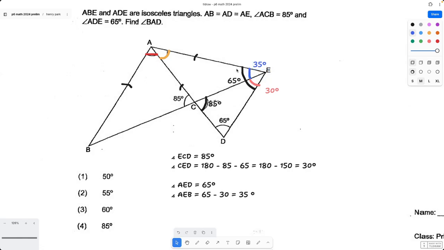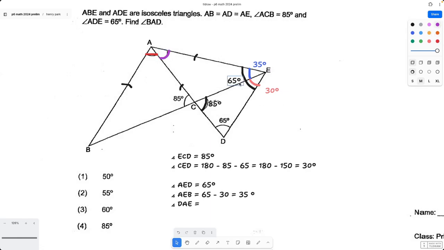Okay, so the next one is we want to get this DAB, right? So DAE, angle DAE, which is same letters DAE, which is this one. Let me make this into a purple one.